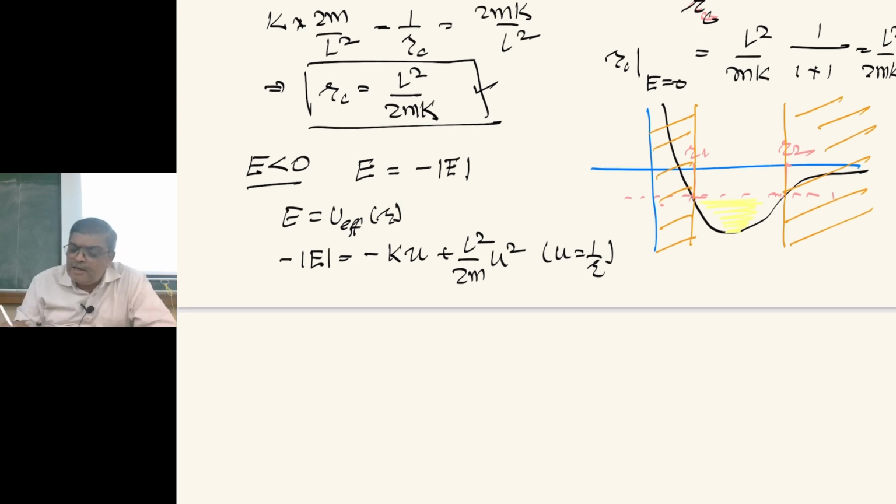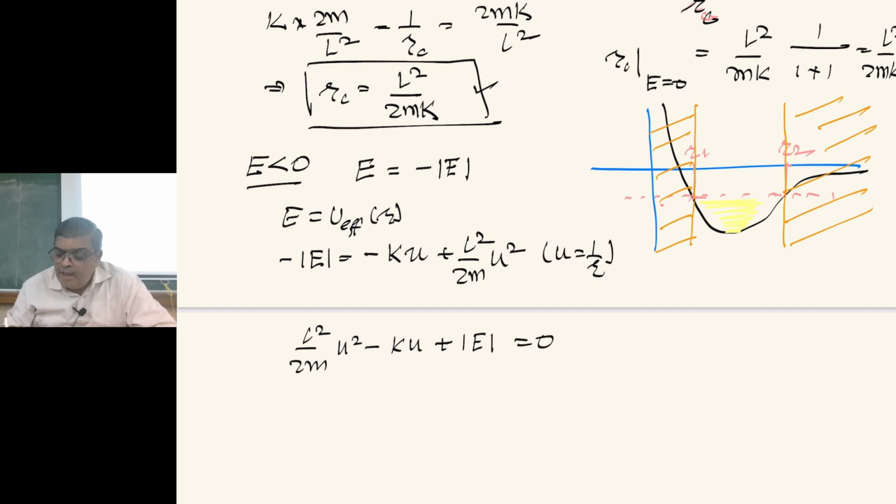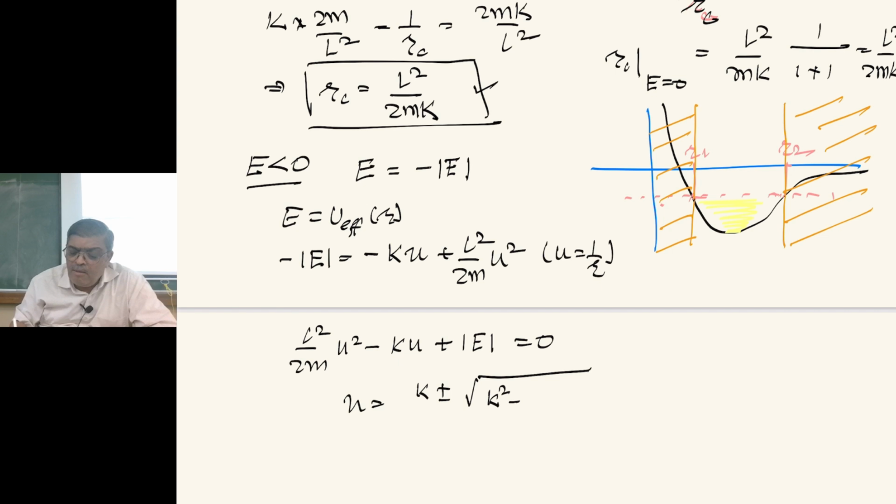All right, let's take a look at the quadratic equation that we get over here. I'm going to get L squared by twice M, U squared minus KU, plus modulus of E, equal to 0. So again, U is equal to K plus minus square root of K squared. And now I'm going to get a minus sign, because both the coefficient of U squared and this constant here are going to be positive.